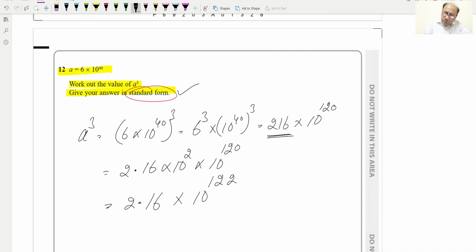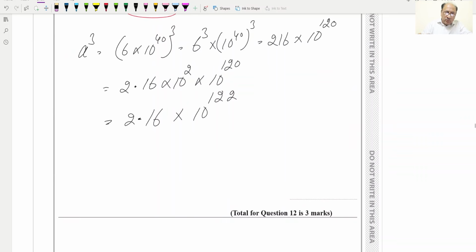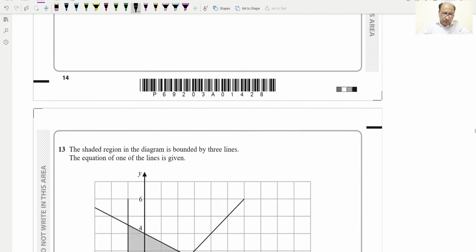To change into standard form we need to convert to a decimal. 216 we can write as 0.0, and the decimal point we shift to the left, and to the left is always plus 2. We have taken 2 jumps, so that's why we added plus 2. Hopefully you understood this. So this is our final answer, 10 raised to 122. This is for 3 marks.